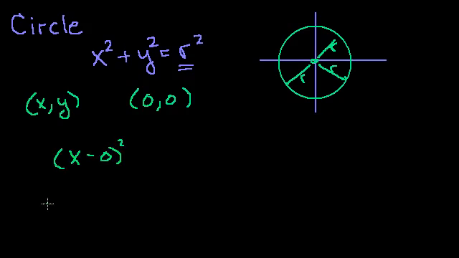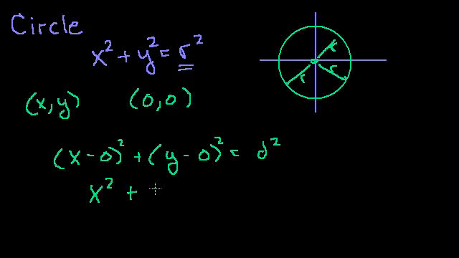You square that, and then you add that to the difference of the y's squared. So that's y minus 0. Square that. And that is equal to the distance squared. So if you simplify this, x minus 0 squared is just x squared, plus y squared, is equal to distance squared.